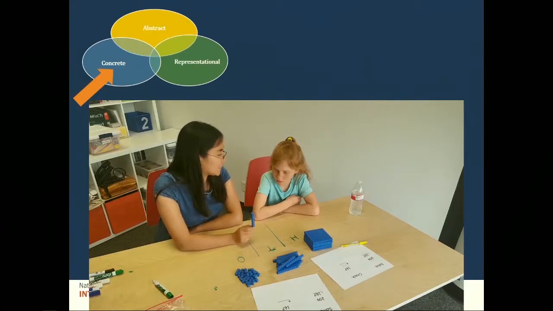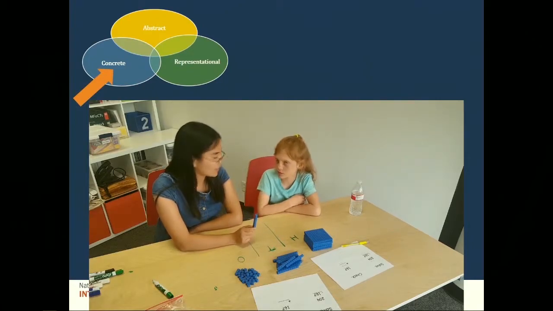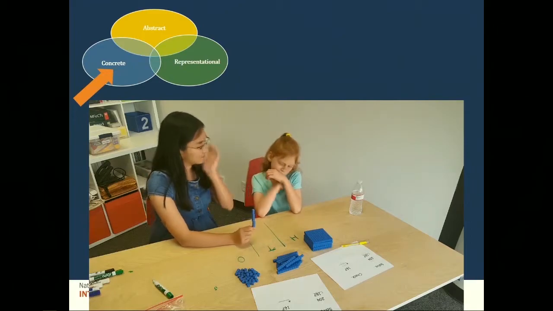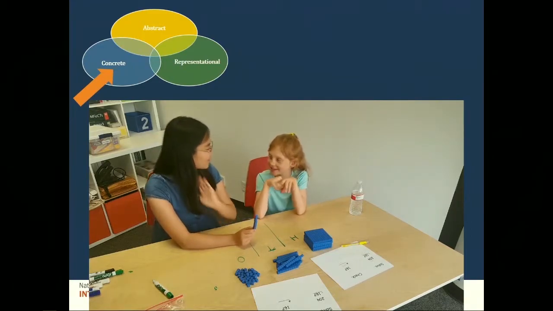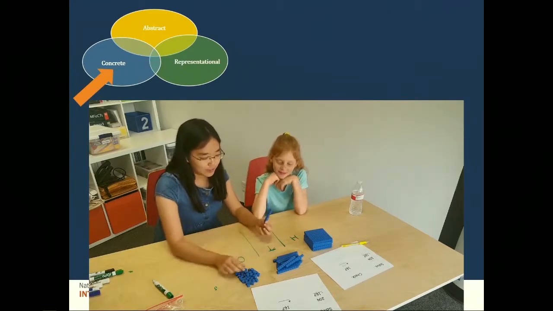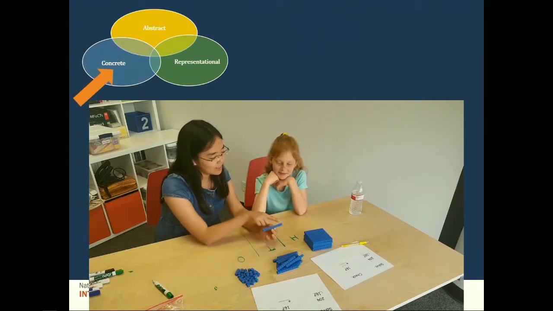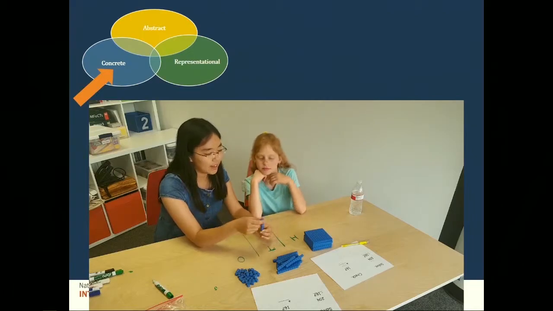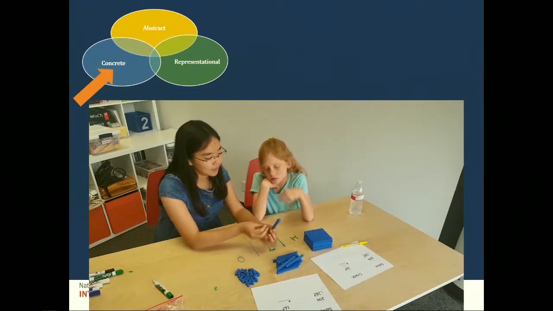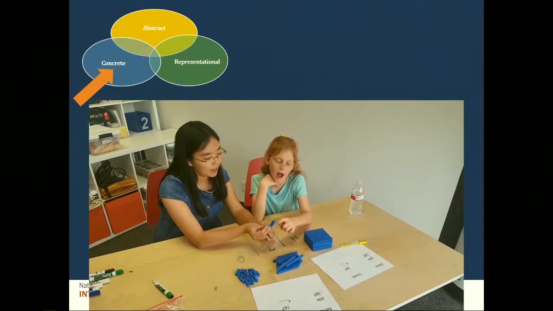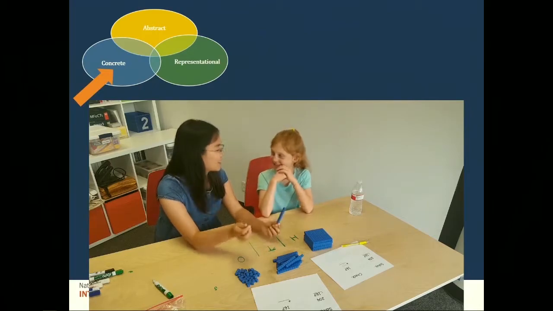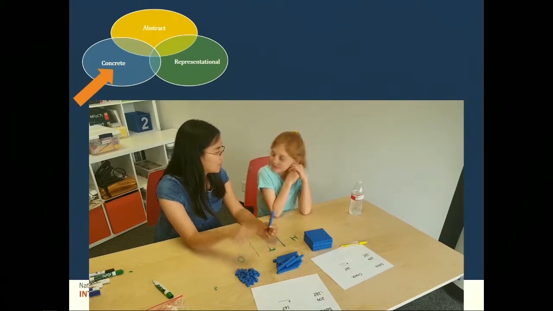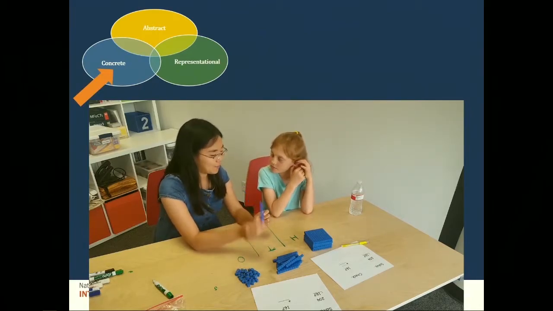And now we have rods. Rods represent tens. Why do you think rods represent tens? I don't know exactly. So you see here, it seems like this one rod is made of cubes, right? Mm-hmm. Let's count how many cubes it has. 1, 2, 3, 4, 5, 6, 7, 8, 9, 10. Good job. So we use 10 cubes to represent one rod. 1 ten.